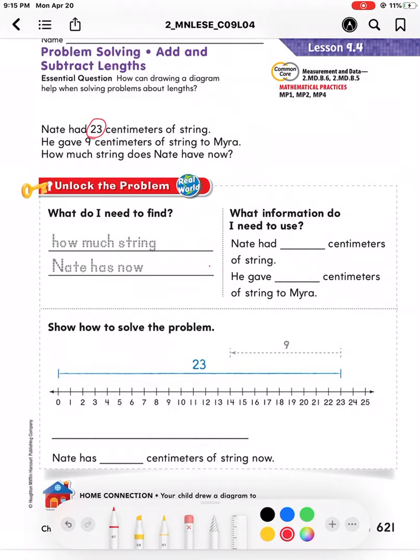He gave 9 centimeters of string to Myra. Now I want you to highlight the word give, because this is a very important keyword in our problem.